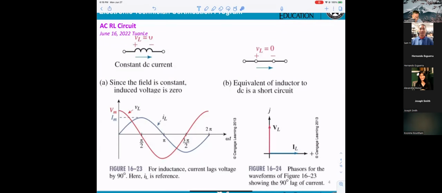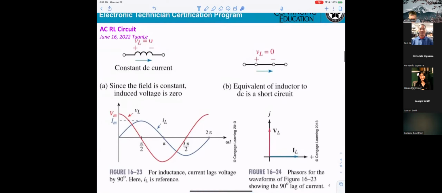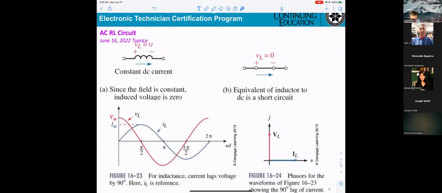Now, there's an inductor here, the voltage VL equals 0. You can get the current flow, okay? So basically, when they go just like the wire, nothing else, that's why voltage is 0.